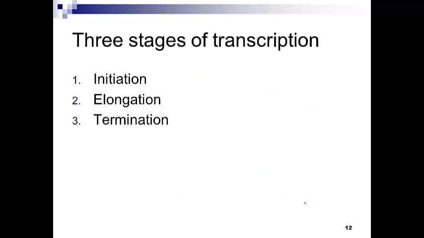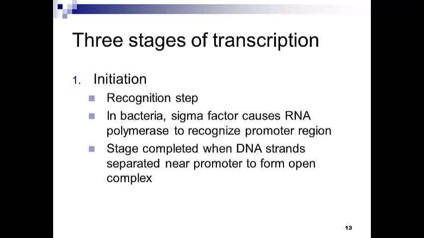There are 3 stages in transcription. You should be able to describe what's happening at each stage: initiation, elongation, termination. Initiation, this is where we have to recognize the gene. Now, in order to do that, in bacteria, there's a protein called a sigma factor that allows RNA polymerase to recognize a region called a promoter region.